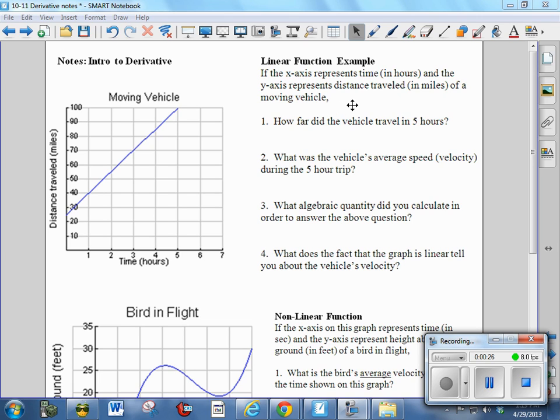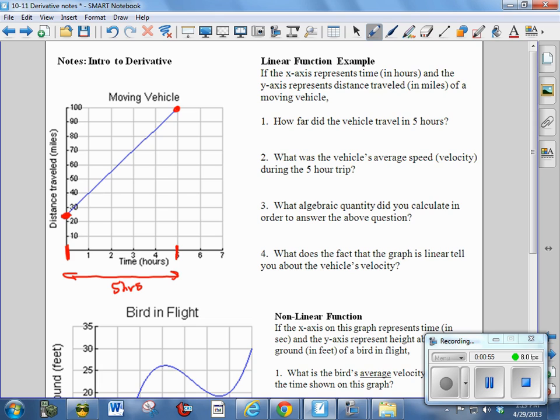How far did this vehicle travel in 5 hours? If we look from here at time 0 to here, that's our 5-hour time span. So how far did it travel in 5 hours? If we look at the y-axis, you will see that at time 0 we're at a distance of about 25 miles from some starting place, and at the end we end up at 100 miles.